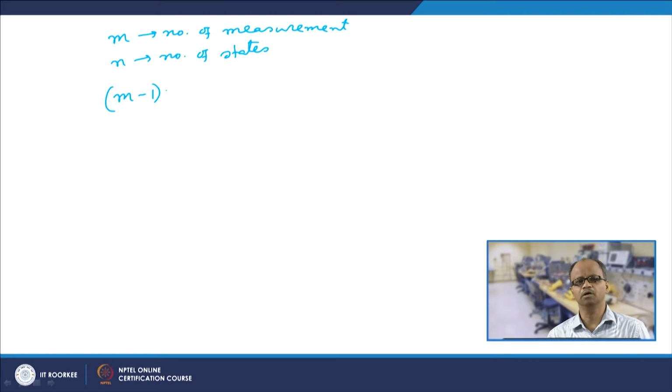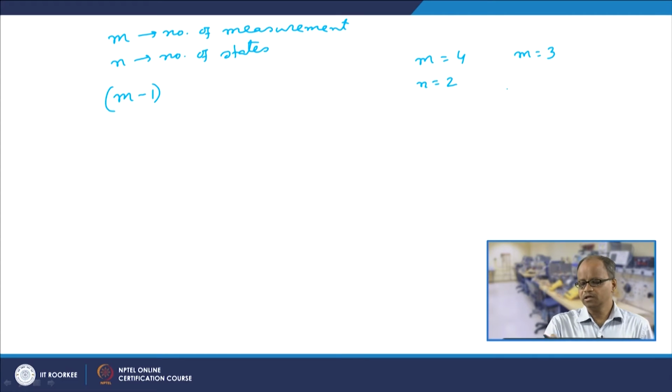For example, in our example in the last lecture, earlier m was 4 and n is equal to 2, but when the fourth measurement was detected to be a bad one, we discarded that measurement and again did the state estimation using m equal to 3 measurements. So, the total number of measurements utilized has reduced by 1.